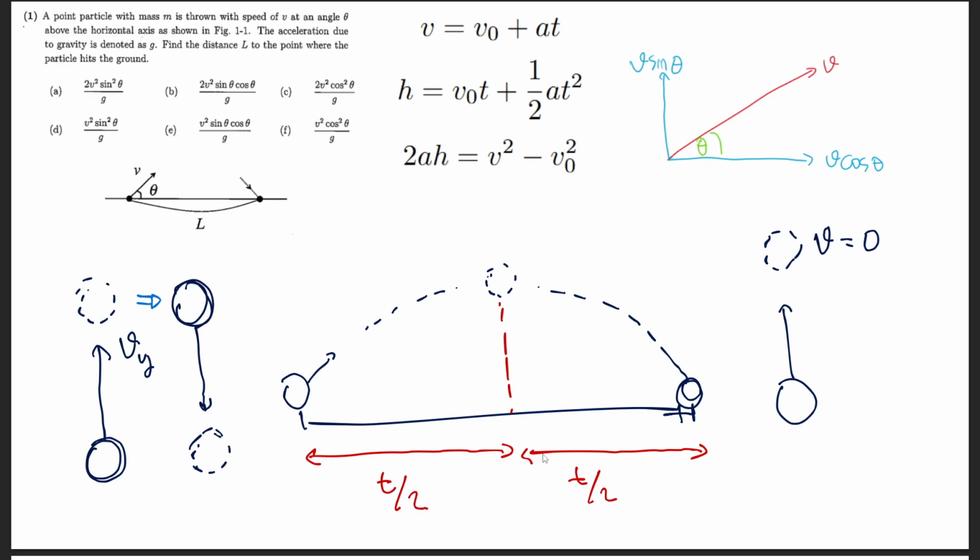So we can see these two phases as half of the total time it takes for the ball from here to here. So we can solve the time by just looking at the first phase.